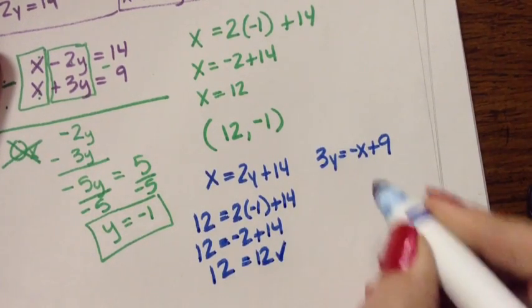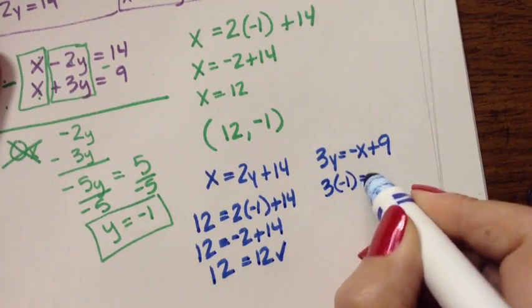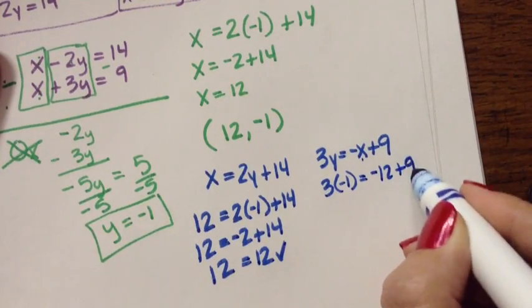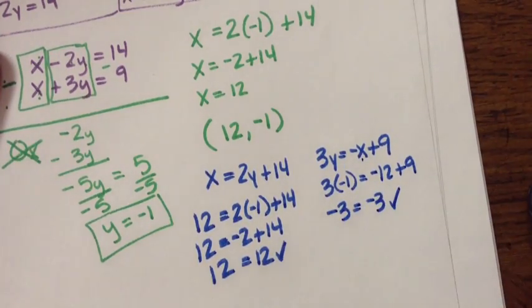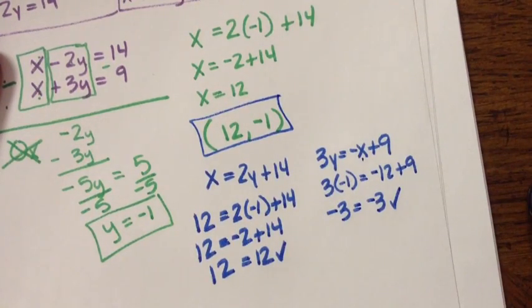That checks. 3 times negative 1 equals a negative x, or negative 12 plus 9. Negative 3 equals negative 3. That also checks. So this is the solution. Okay?